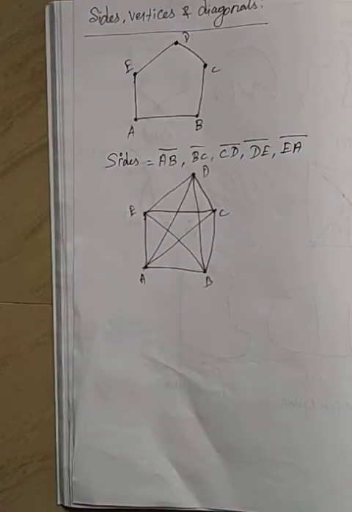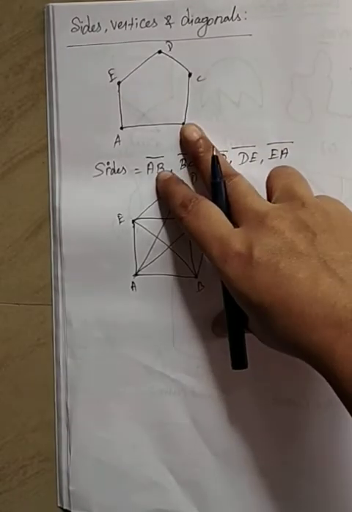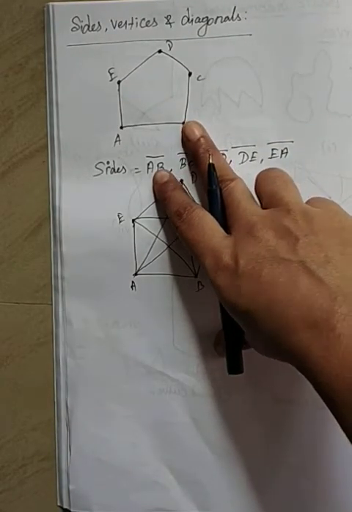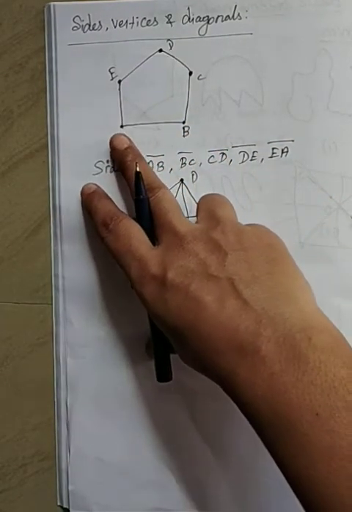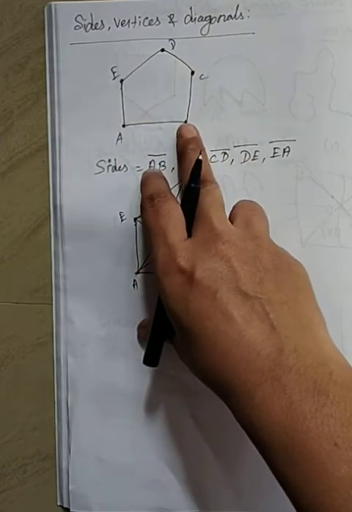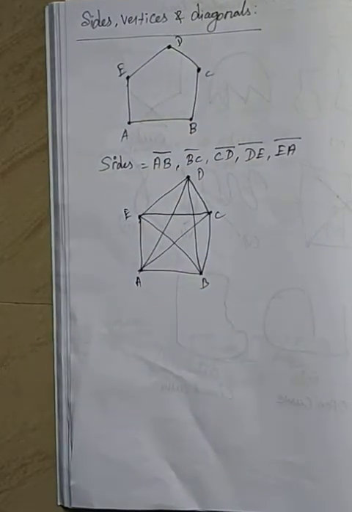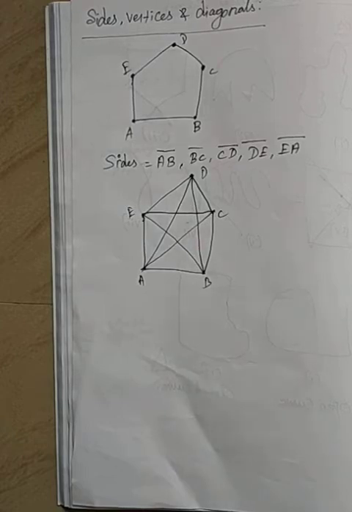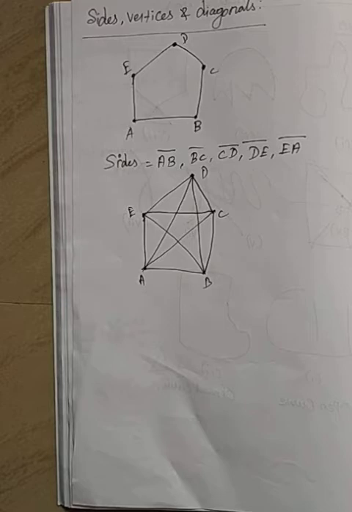A common point is a vertex. Adjacent means common end points. If a common end point exists, that is the adjacent side. Consider the pair of vertices which are not adjacent; the join of these vertices is called the diagonal of the polygon. Everybody clear? Okay, now we see some exercise problems.